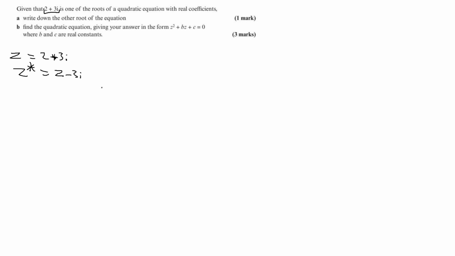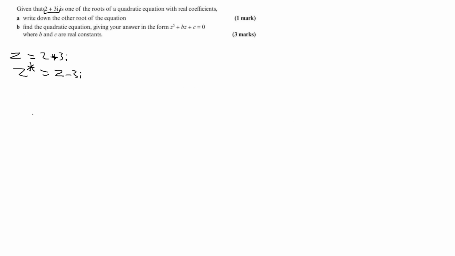Now, how are we going to find a quadratic out of it? Think about it, people. What was the first method that you were taught to solve a quadratic? Factorizing, exactly.